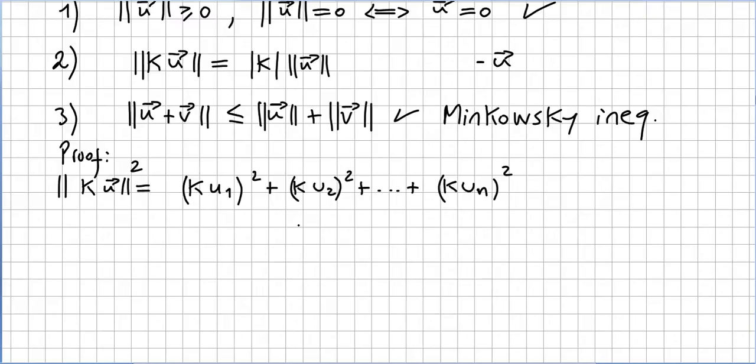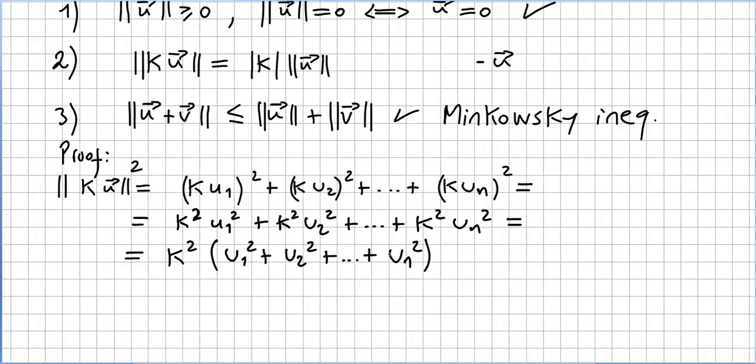And what is this? Well, this is k squared u1 squared plus k squared u2 squared plus k squared un squared. I can factor k squared, so I get k squared times u1 squared plus u2 squared, etc., till un squared. But this is nothing else but k squared times the norm of u squared.